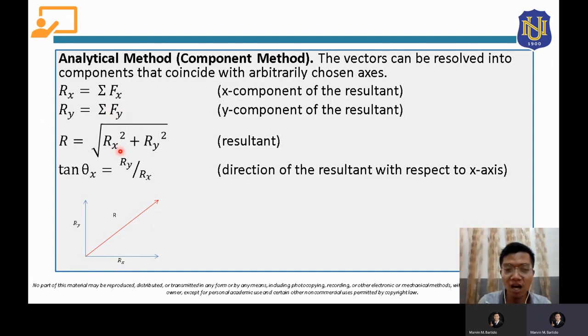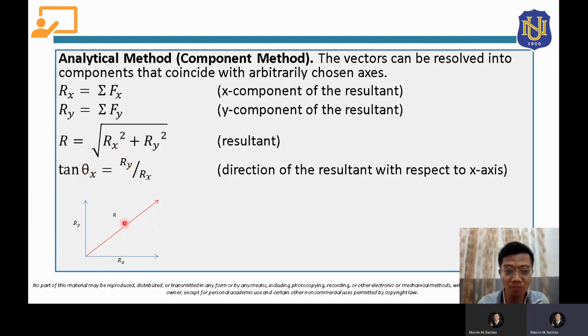So the parts of the answer: if you are asked to give the resultant, you should give the magnitude, and you should also give the direction, the angle, or the theta x of the resultant with respect to the x-axis, or from the horizontal.